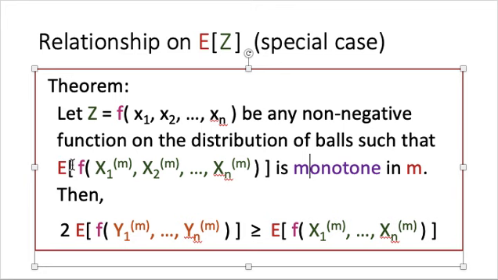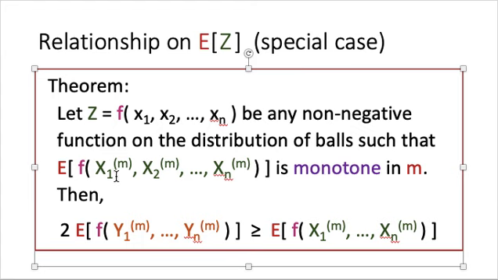The expected number of empty bins is also monotone in m, because as m increases, there is less chance to see an empty bin, since we are putting more and more balls into the bins. So the expected number of empty bins will decrease as m increases. These are examples where the expected value is monotone.